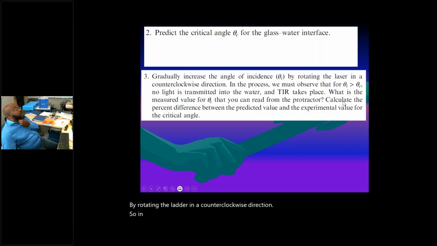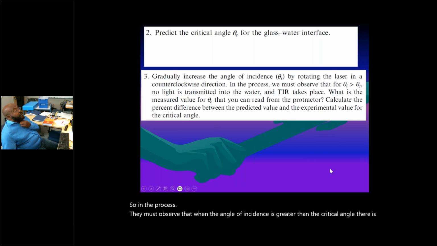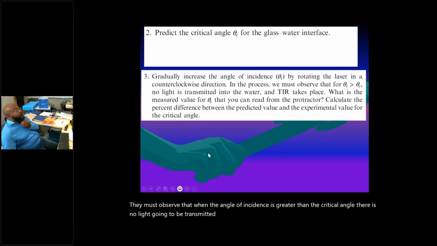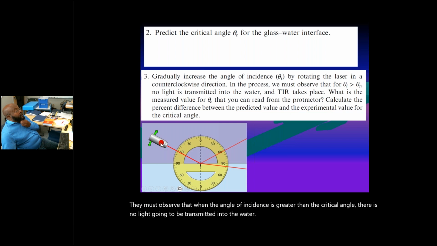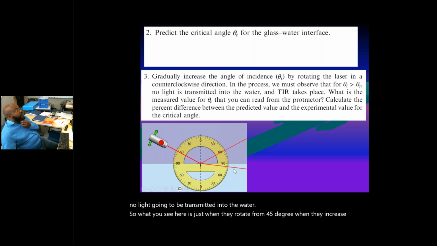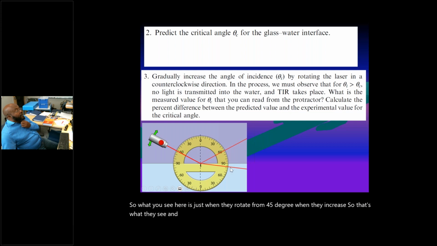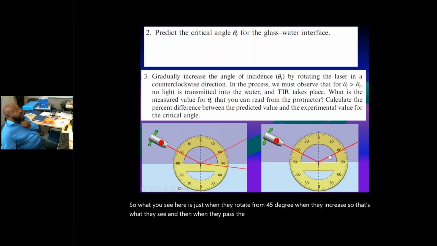So in the process, they must observe that when the angle of incidence is greater than the critical angle, there is no light going to be transmitted into the water. So what you see here is just when they rotate from 45 degrees, when they increase, so that's what they see. And then when they pass the critical angle, they see the light is totally reflected.